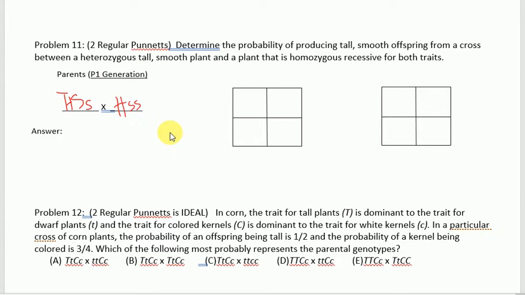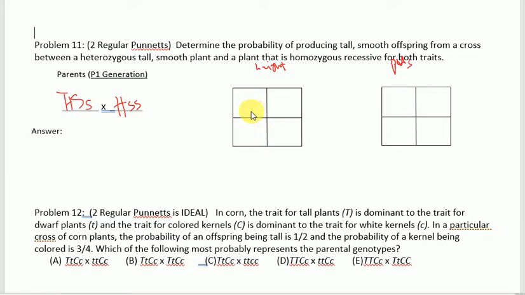So what we're going to do is we are not going to FOIL like we did before. We're going to have 1 Punnett square for height, and then we're going to have 1 Punnett square for the type of pods.